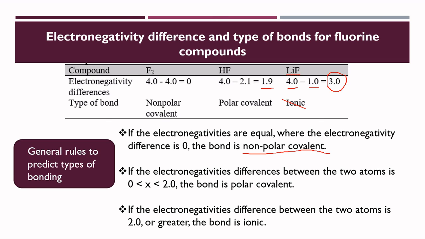The second rule: if the electronegativity difference between the two atoms is between 0.1 and 1.9, the bond is polar covalent. But if the electronegativity difference between two atoms is 2 or greater, the bond is considered ionic.